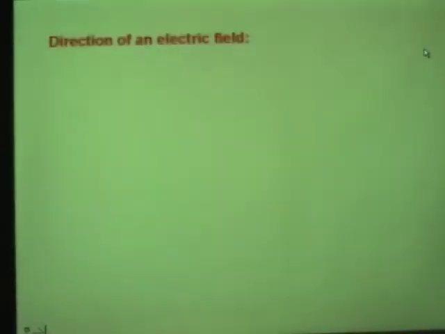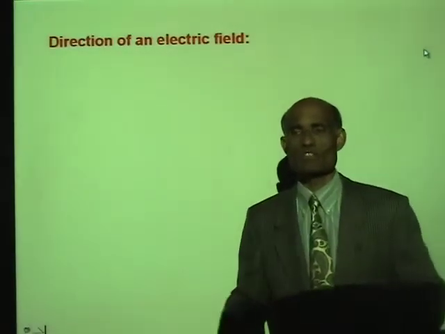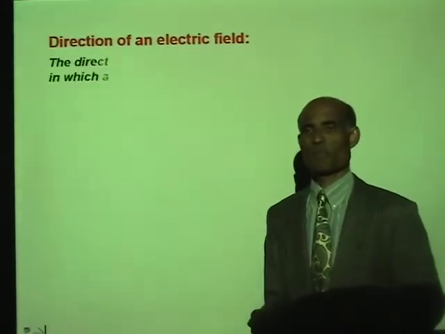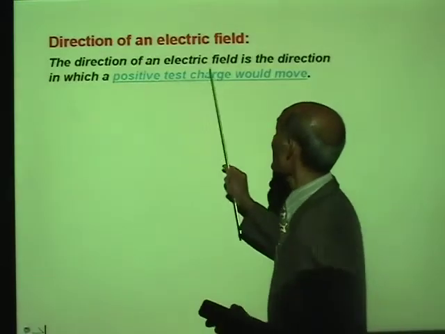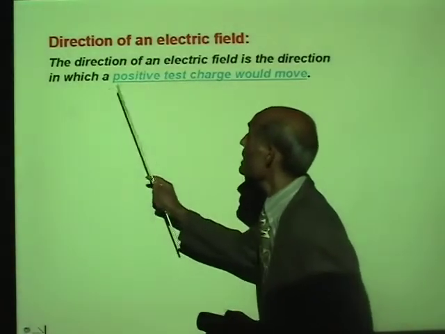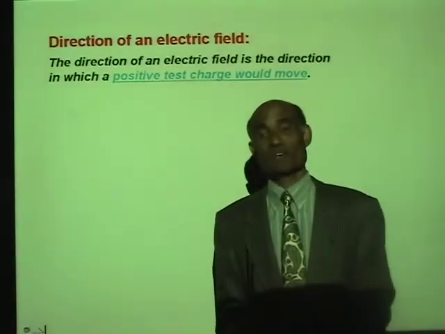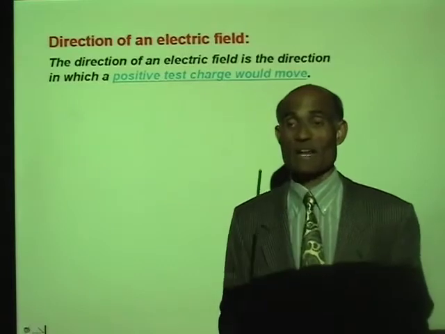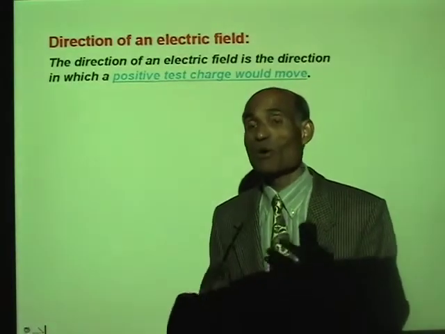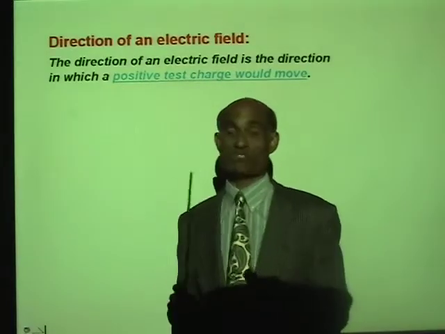Alright, let's now talk about the direction of an electric field. What is the direction of an electric field? The direction of an electric field is defined as the direction in which a positive test charge would move. So, don't forget that. Our standard test charge is a positive test charge.